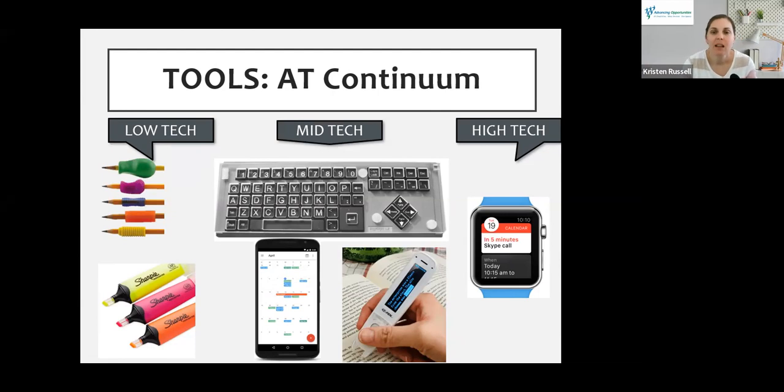Lots and lots of tools I would put in the mid-tech category. So that keyboard that you see up top, that's a keyboard that would be helpful for somebody with some type of physical disability that makes typing on a regular sized keyboard difficult. So these keys are a little bit bigger. And also there is what's called a key guard on top of that keyboard.